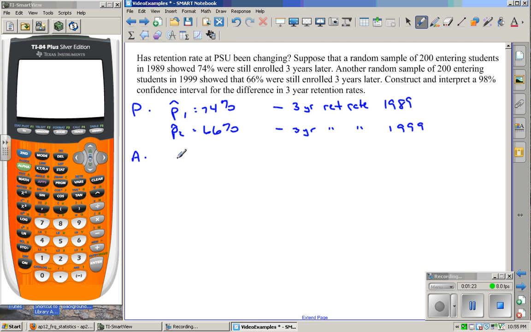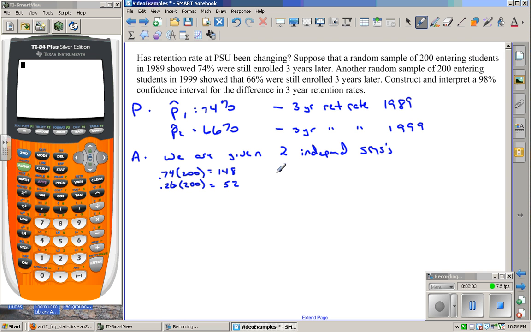Our assumptions are, we are given two independent SRSs. Secondly, if we do 0.74 times 200, and we do 0.26 times 200, that number is going to be 148, and that number is going to be 52.